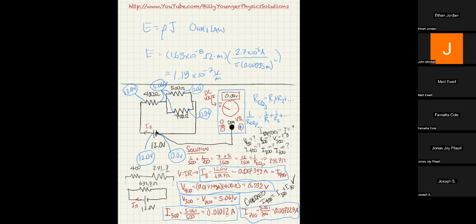So I can check that as well. I will write this somewhere else. I'll say check: V400 plus V500 equals 12.0 volts. And I see that that is in fact the case.